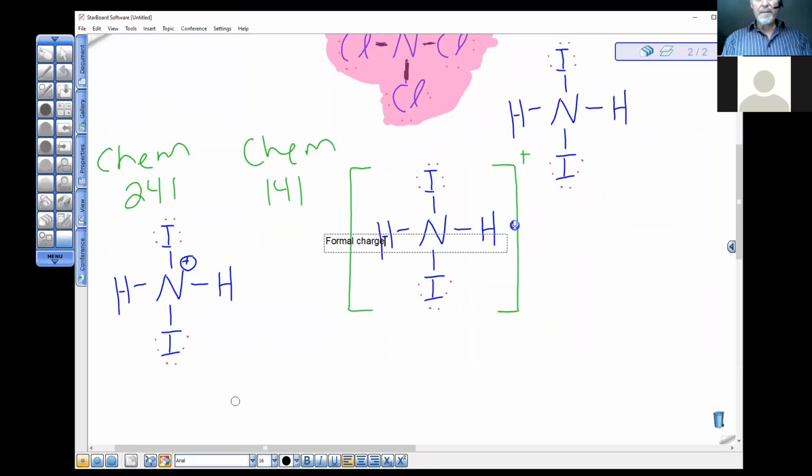is electron ownership by an atom in a molecule or ion, compared to the periodic table.